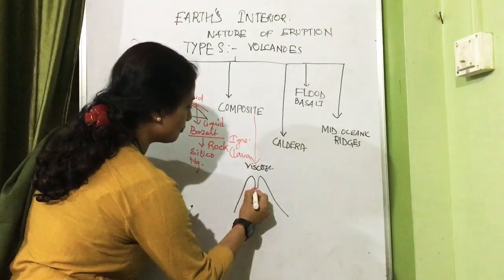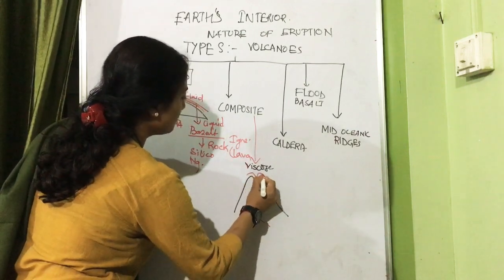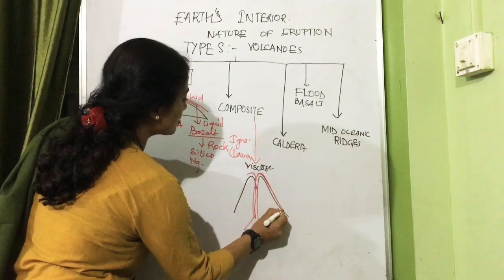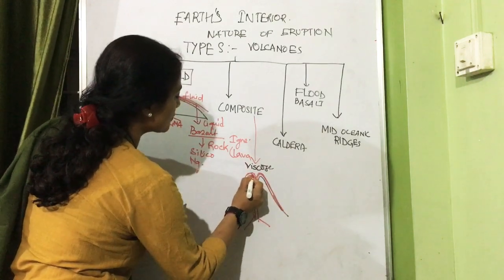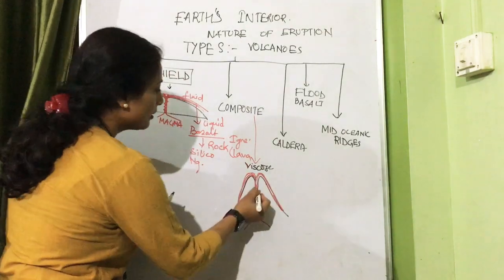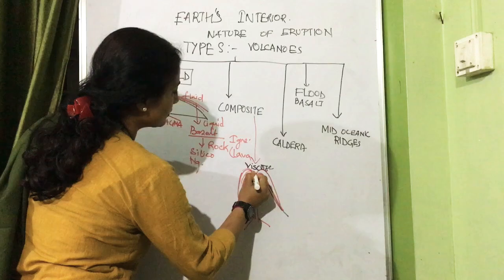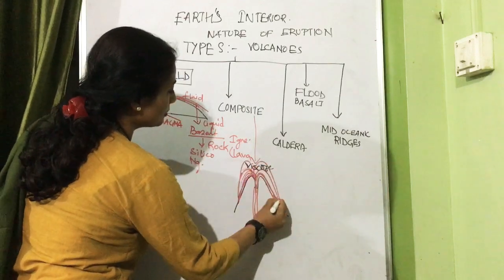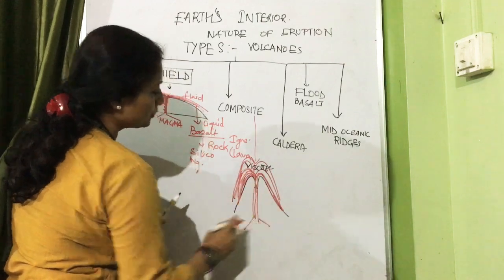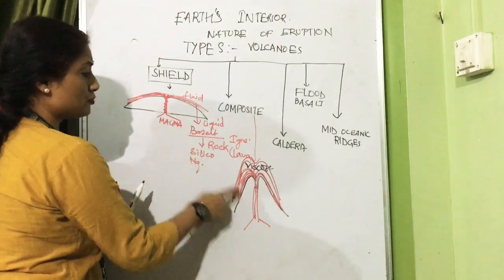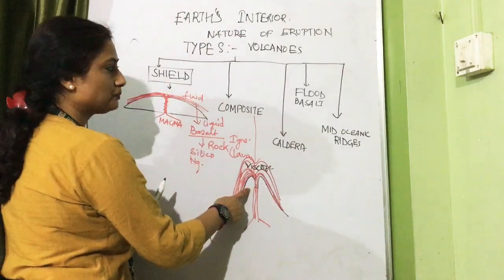If this is the source of magma, because it is viscous, it comes out, and as soon as it reaches the surface, it solidifies. Again the eruption comes out and it solidifies. Layer by layer, different layers form, and the shape changes from a shield kind of thing to a composite kind.